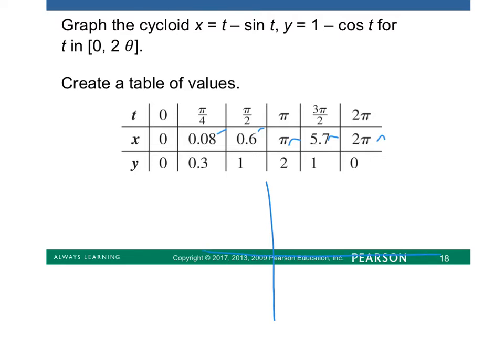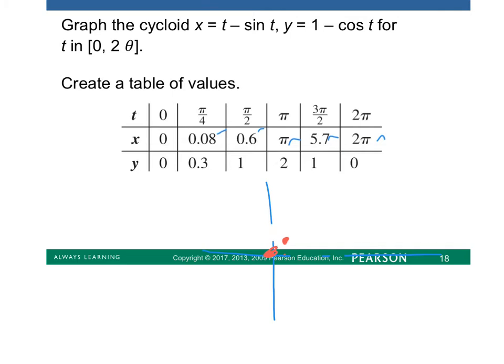which I don't know if that's important enough, 0, 0, must be where that paint started. And 0.08 is very small, up to 0.3. So what I'm going to do is I'm going to count very small. I'm just going to go like that. And then 0.6, that's at least a half, up 1. Then it's a pi, which is a 3, point something, up 2. So 1, 2, 3, up 2.